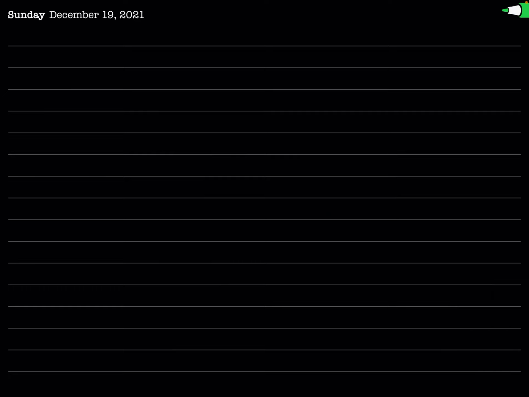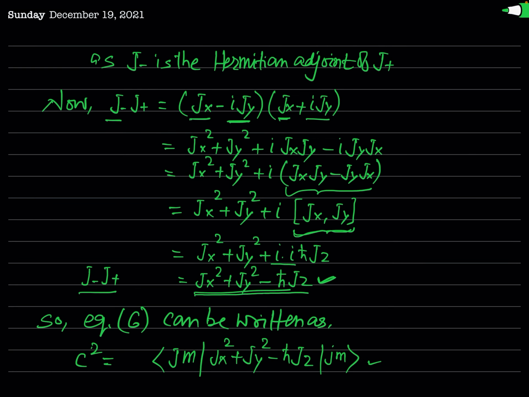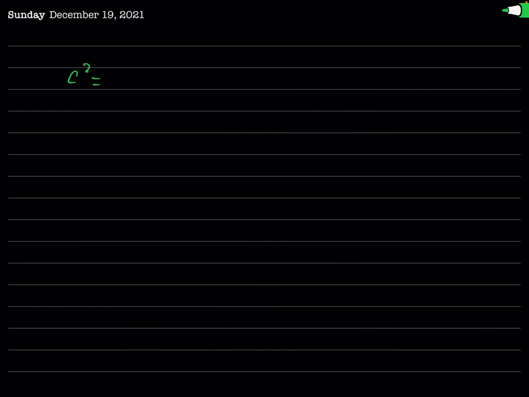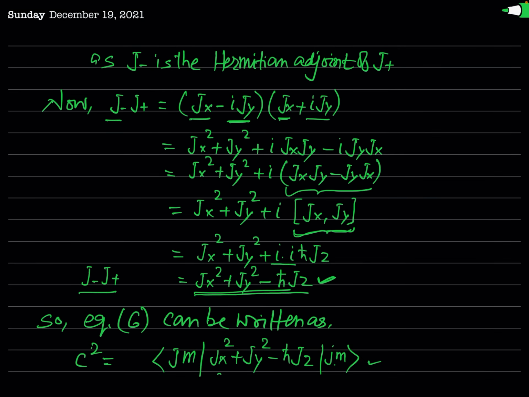This C square can now be split into terms: bra J m Jx square ket J m, and so on, with J square and Jy square.